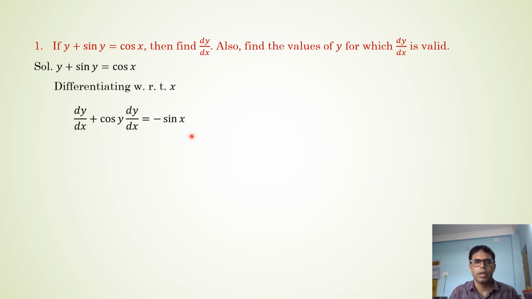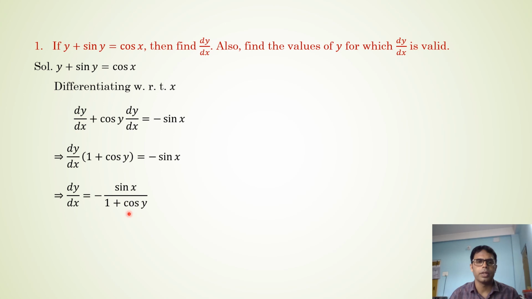Then dy/dx is common, so it is (1 plus cos y) dy/dx equal to minus sin x. So simply dy/dx is equal to dividing this term on the right hand side. This is the first answer of the first question.